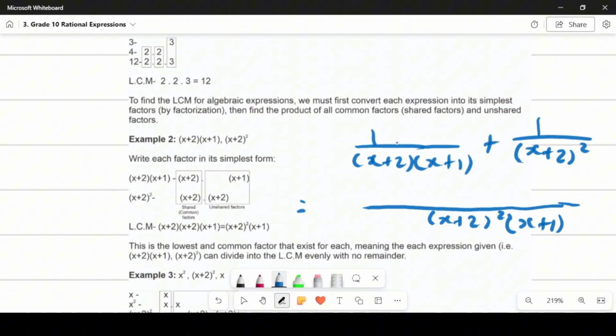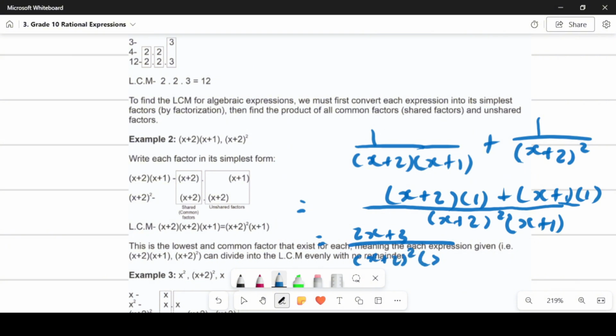So in this case here, x plus 2 is missing, so it'll be x plus 2 multiplied by the 1 from there. Plus, here we'll find out what factors are missing. If you take this and divide it by that, this and that will cancel, so we'll have x plus 1. So it'll be x plus 1 multiplied by the 1 that's there, right? And then what are we left with? x plus 2 plus x plus 1 is 2x plus 3, over x plus 2 all squared, x plus 1. Very simple. That's how you solve the question.